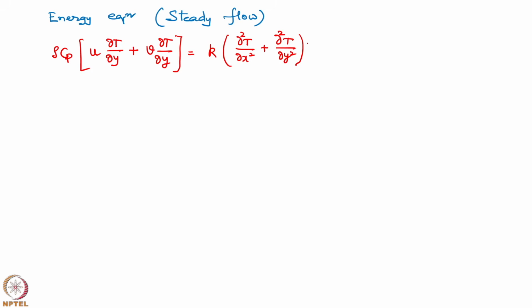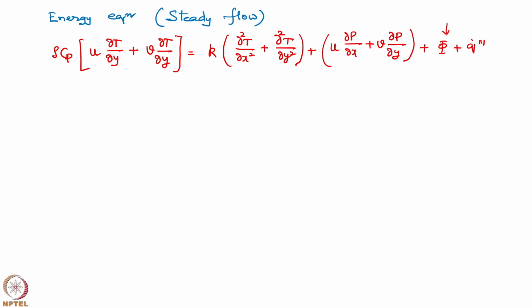This is the conduction term, and the pressure work is U del P by del X plus V del P by del Y plus phi plus Q dot triple prime.